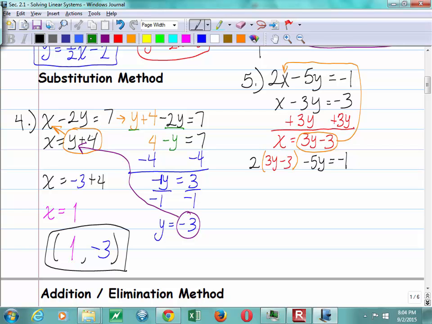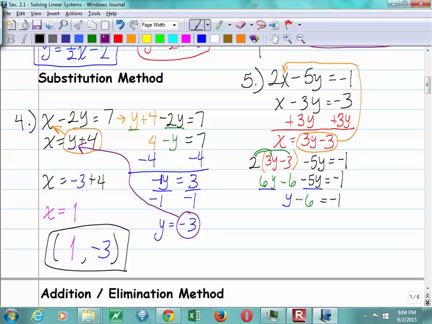So now I'm just going to solve for y. I'm going to distribute the 2, so that's going to be 6y minus 6 minus 5y equals negative 1. Combine like terms, 6y minus 5y would be y. So that would be y minus 6 equals negative 1.